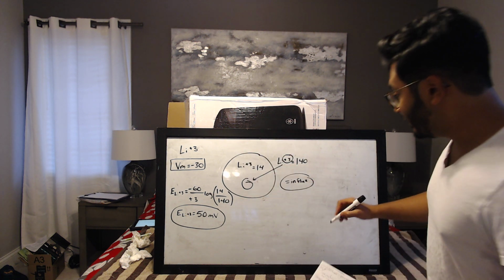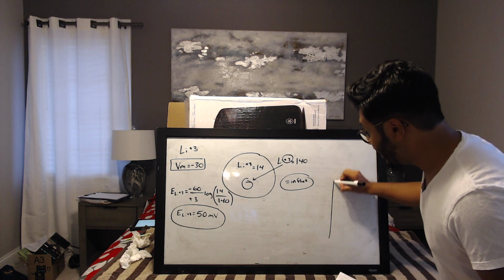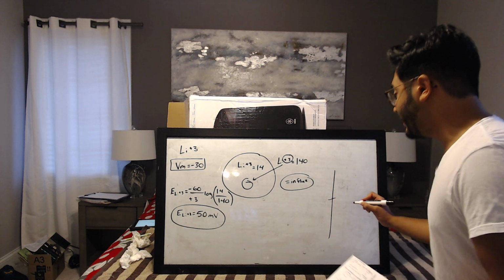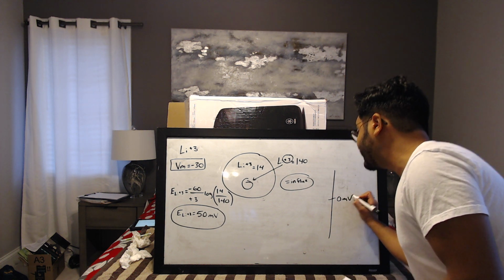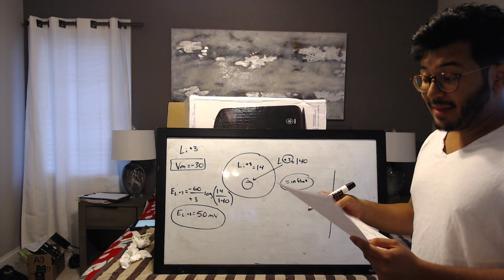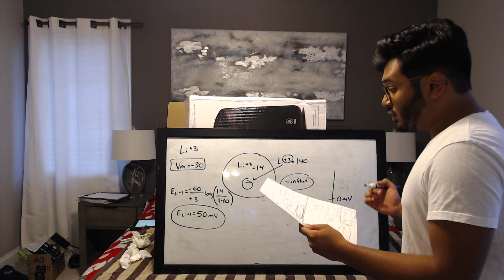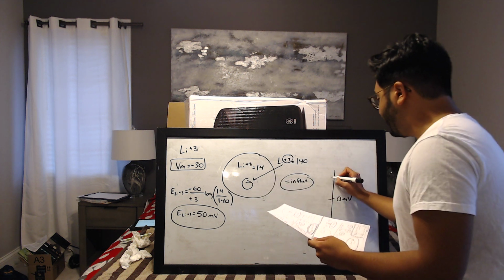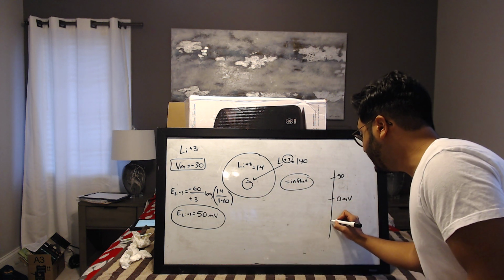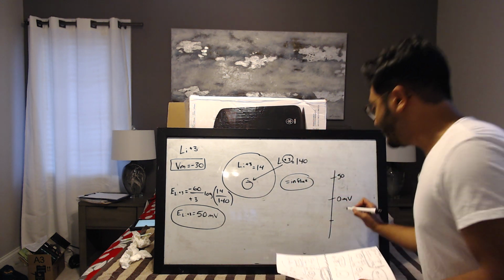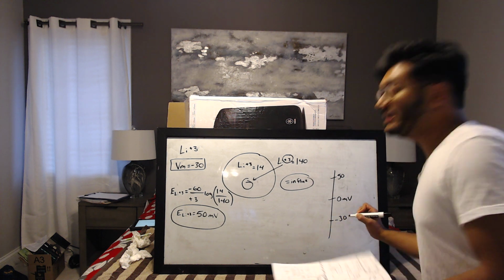Now let's go ahead and look at our number line, and let's see where we are when we take our VM to our EM to find out the magnitude of the driving force. So in this case, your EM is going to be positive 50, which we found there. Your VM is going to be negative 30, which was given to us in the question.